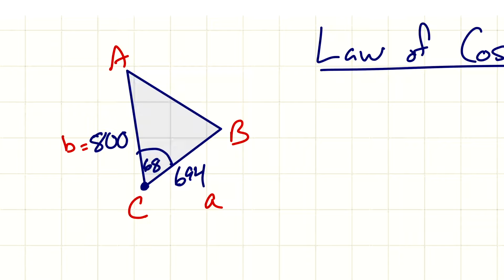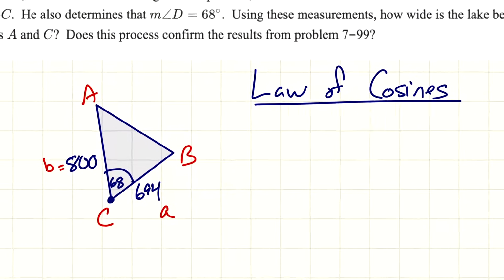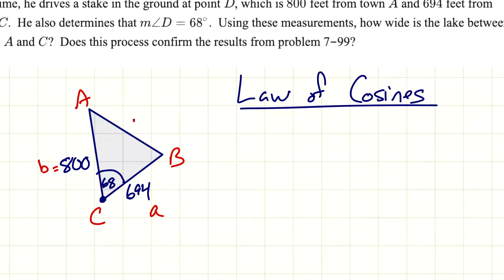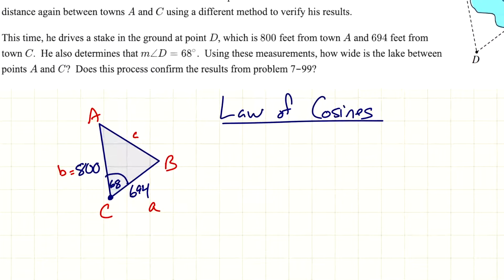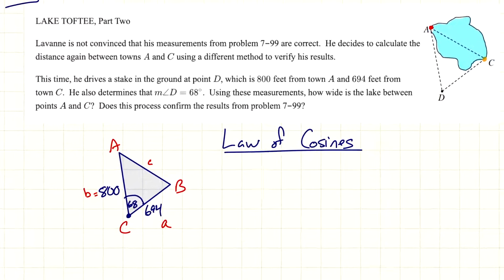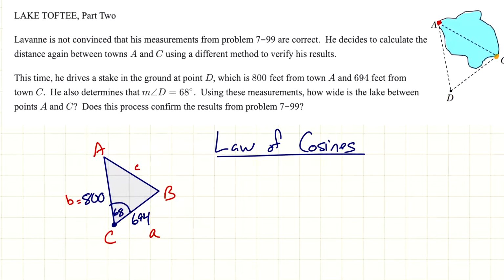Right, so b equals 800. All right. So we do not know what c is, little c, which represents the bridge or the distance between the two cities. All right, so knowing that information, then you should be able to set up this problem.